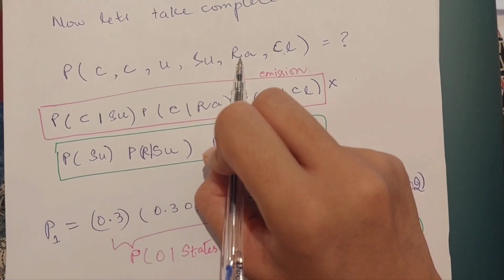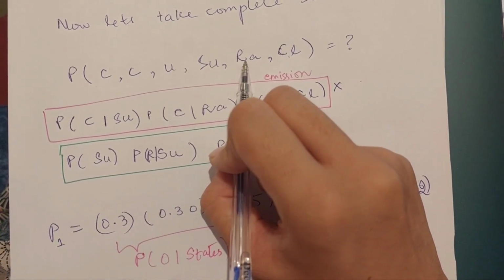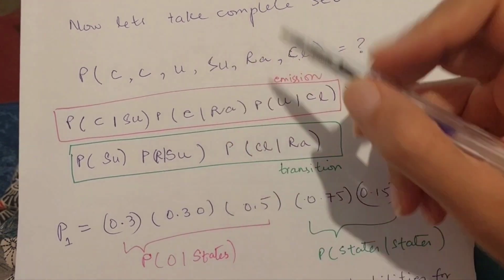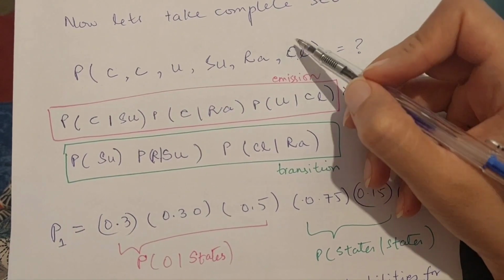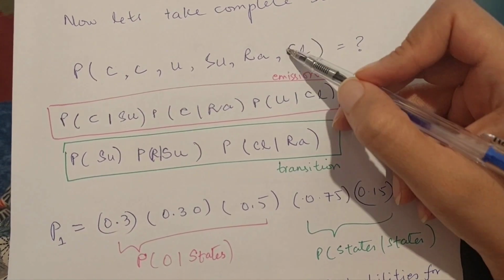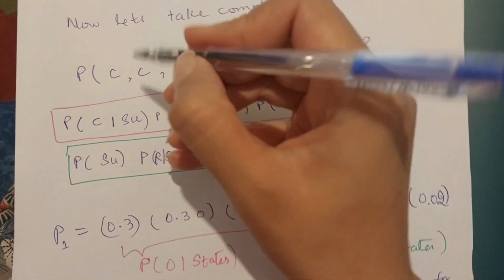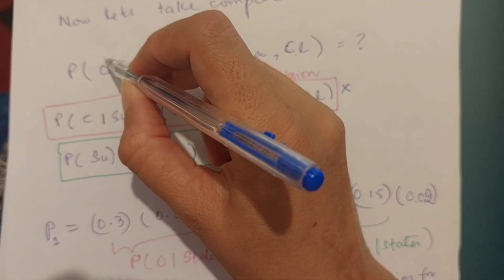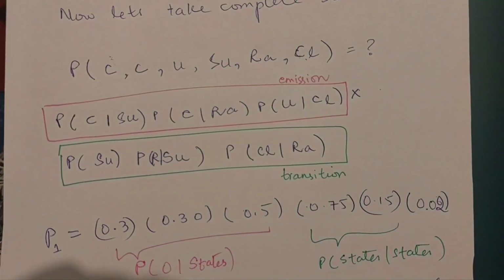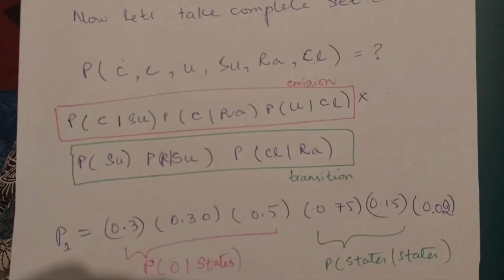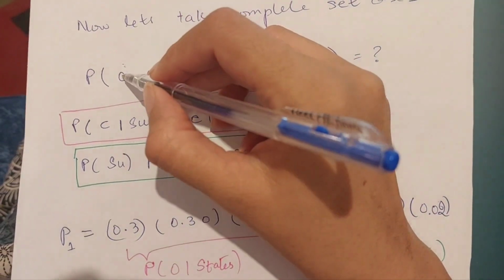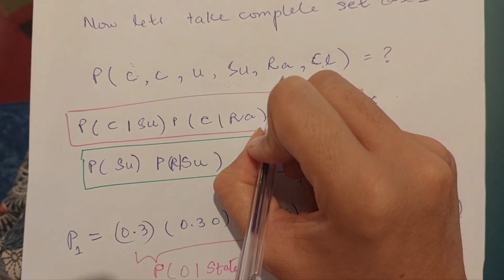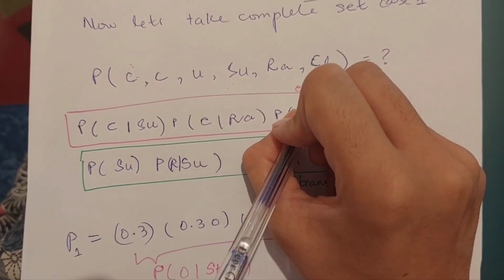Then for the second thing, we write the probability that the day is now rainy, given that it was sunny before, and then the probability that the day is cloudy, given that it was sunny before. So we are linking coat with sunny, coat with rainy, and umbrella with cloudy.